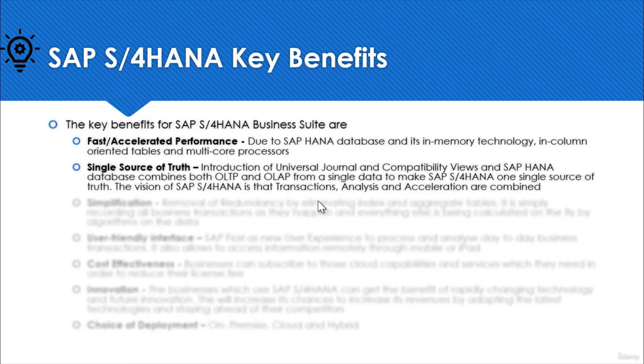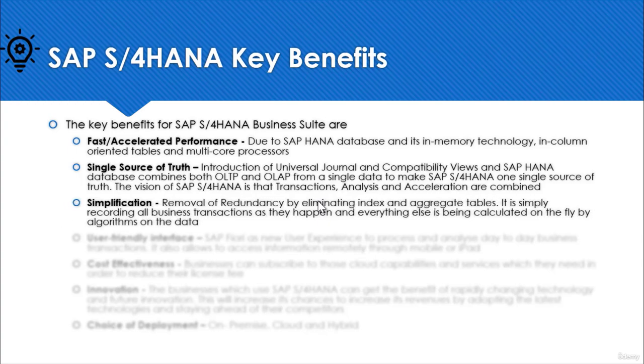Single source of truth: introduction of universal journal and compatibility views, and the SAP HANA database combines both OLTP and OLAP from a single data source to make SAP S4HANA one single source of truth. The vision of SAP S4HANA is that transactions, analysis, and acceleration are combined.